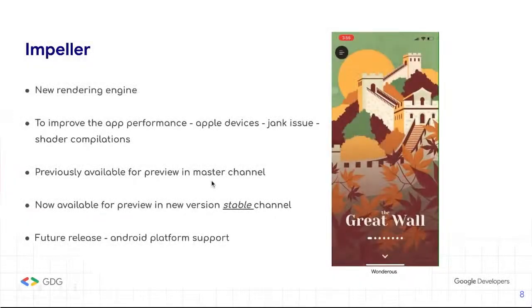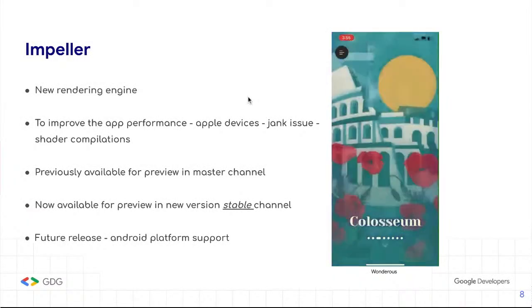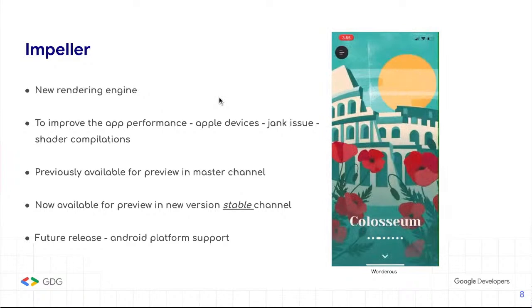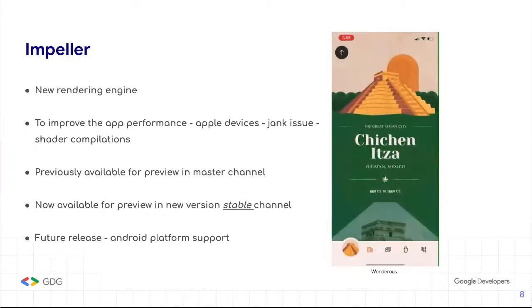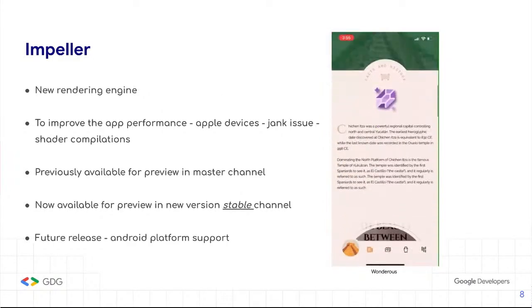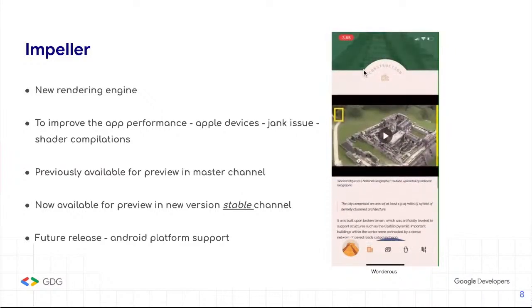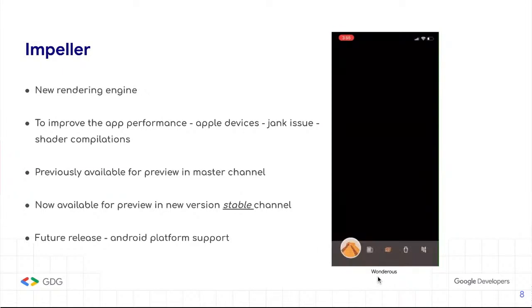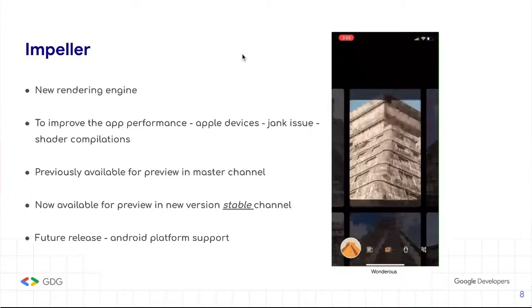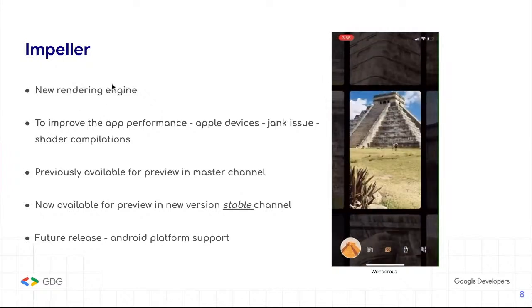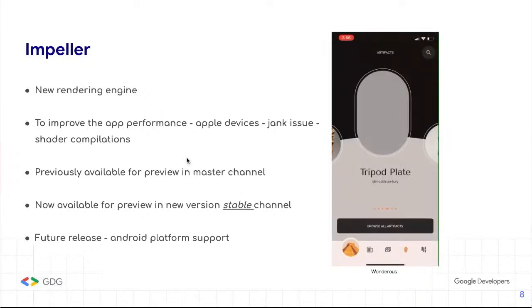So next we have Impeller. Now you must have heard of Impeller. Impeller is a new rendering engine, and I'm sure you've heard of the app Wonderous. If not, you can download the Wonderous app from the App Store or Play Store. Impeller was designed to improve app performance.